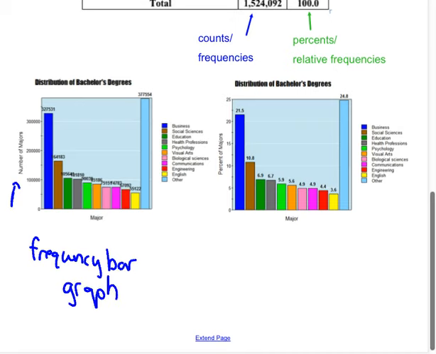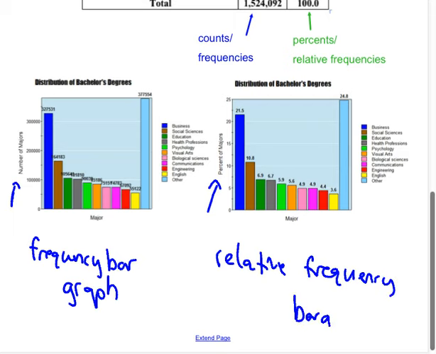Okay, this one is based on the percent of people that had each major. So this is going to be a relative frequency bar graph.